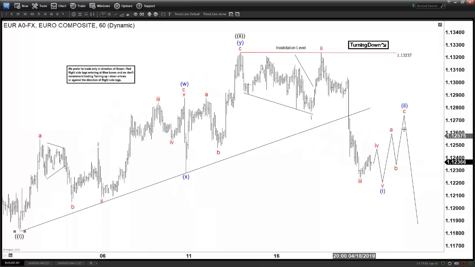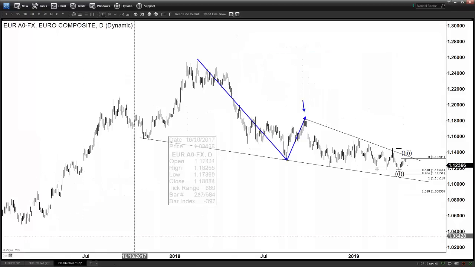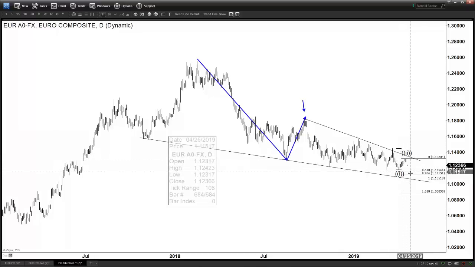Now, in the shorter cycle though, we will get the confirmation that this is going to continue lower once we break below here. Once we break below here, this move is going to confirm, and we are likely going to go to the next target, 110.50.